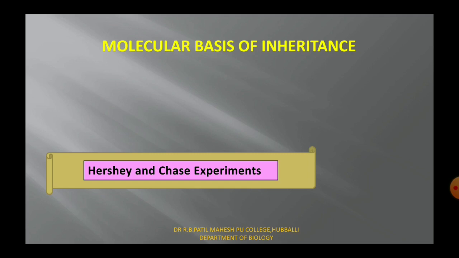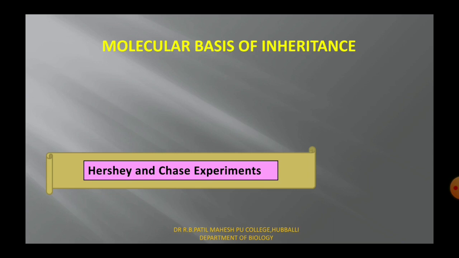By Avery's experiment, they finally came to the conclusion that DNA is a genetic material which enters into the cell and helps in transforming genetic information. But there was a little confusion whether the protein enters into the cell or DNA enters into the cell.